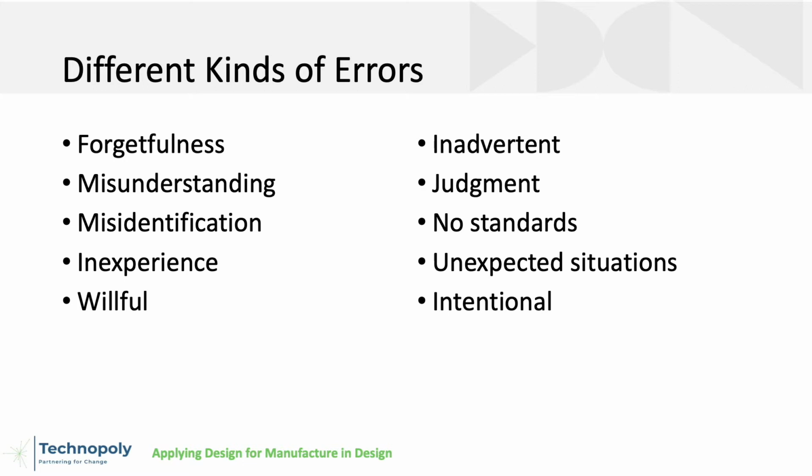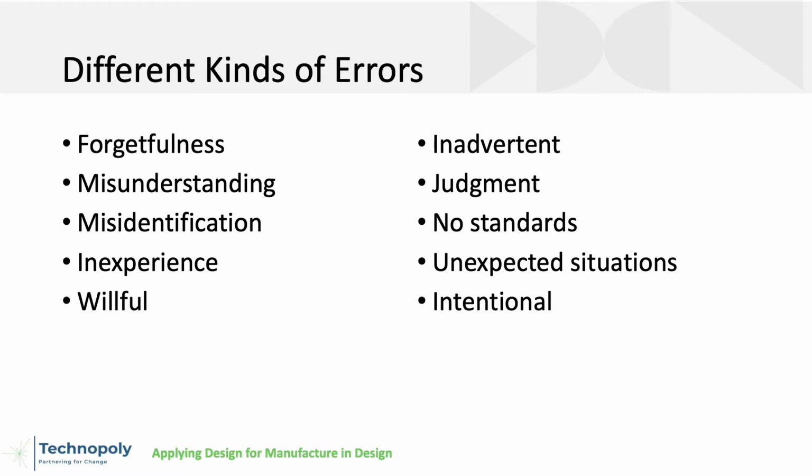Generally, when you talk about errors or mistakes, there are many kinds of them. You can look at them as something that you forget, or maybe you misunderstood or misidentified, or because you're inexperienced, you were not able to anticipate it. It could also be willful, which is intentional in its essence.